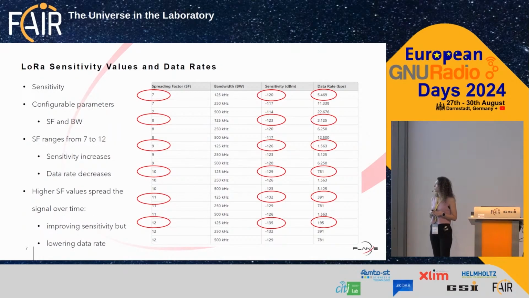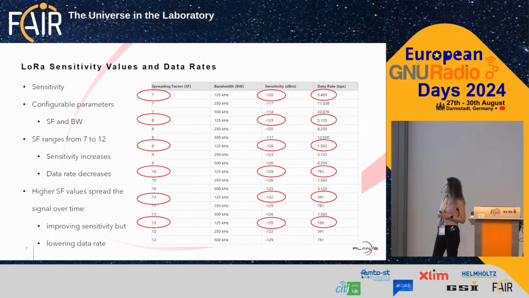LoRa sensitivity values and data rates. Sensitivity is the minimum signal level that can be detected by the receiver. And our configurable parameters are spreading factor and bandwidth for this work. And if you see the table, we have spreading factor, bandwidth, sensitivity level, and data rate. So spreading factor changes from 7 to 12.